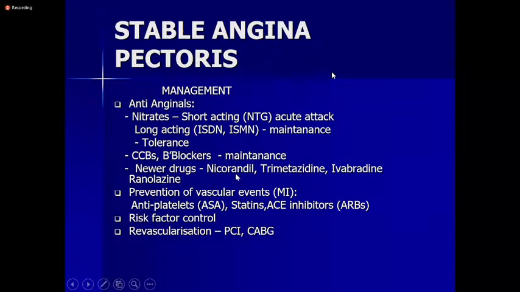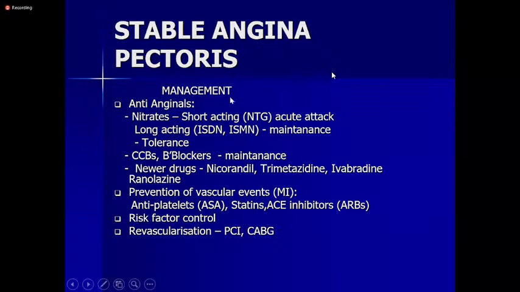So some of the newer drugs are trimetazidine, ivabradine, ranolazine, etc. I don't know whether the pharmacologists have talked to you about them. Then, like I said, prevention of vascular events, which is MI and death. And the two most important classes of drugs here are antiplatelet agents, usually aspirin, but we can use some of the others like clopidogrel, and statin.